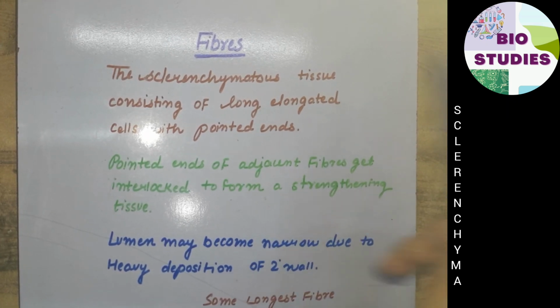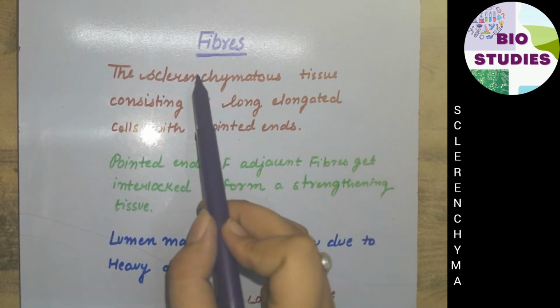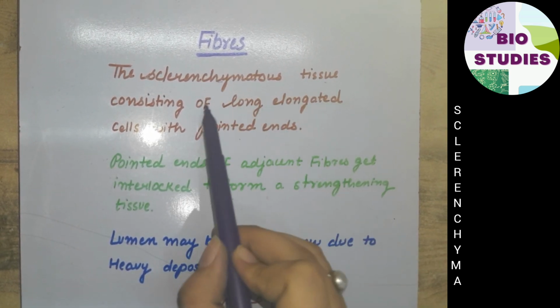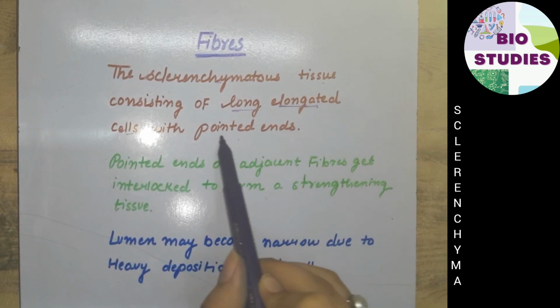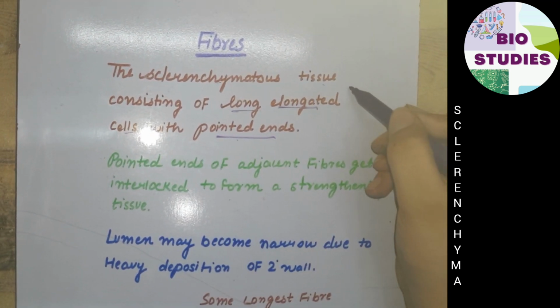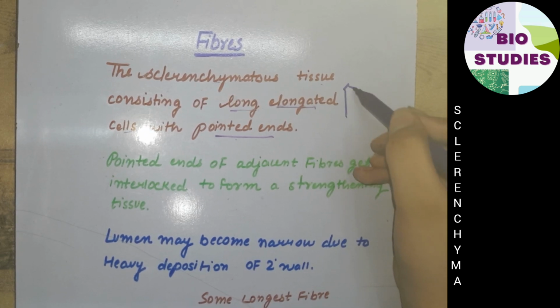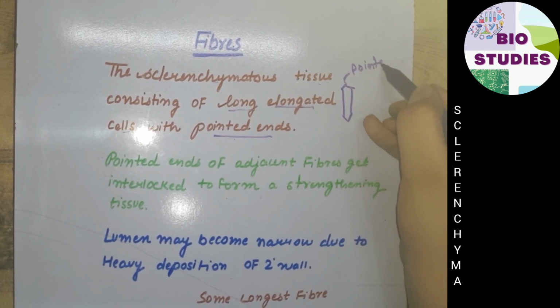Okay, so fibers are a type of sclerenchyma tissue, and fibers are the sclerenchymatous tissue consisting of long elongated cells with pointed ends. That means fiber is a type of sclerenchyma, and these are elongated cells with pointed ends.